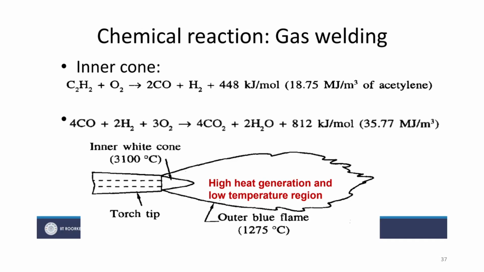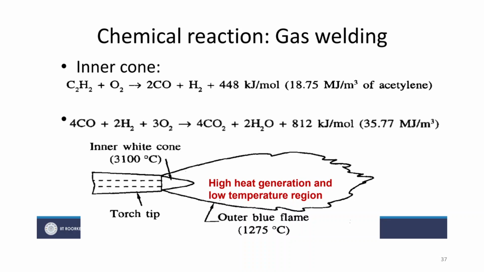Now in the case of chemical reaction, first is gas welding. In this you have acetylene gas, C2H2. Here a triple bond is there between two carbon atoms, and it is not very stable. As soon as you provide oxygen, it will react and form carbon monoxide, which is again not very stable.